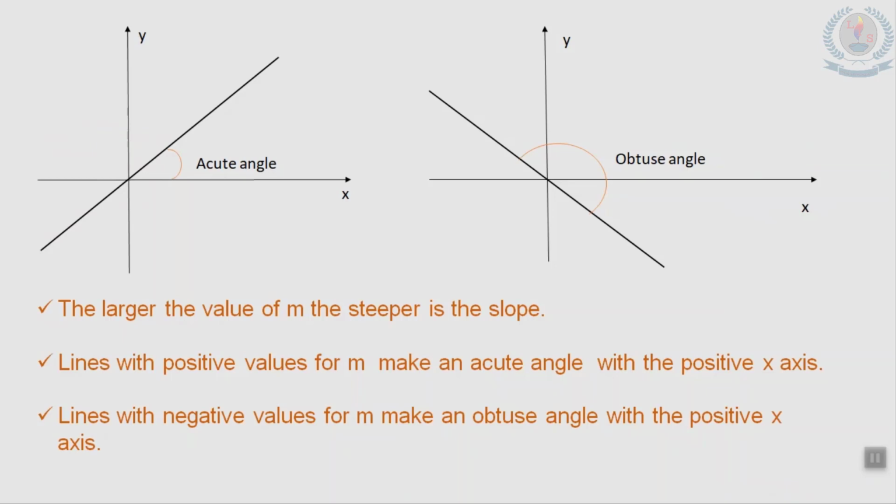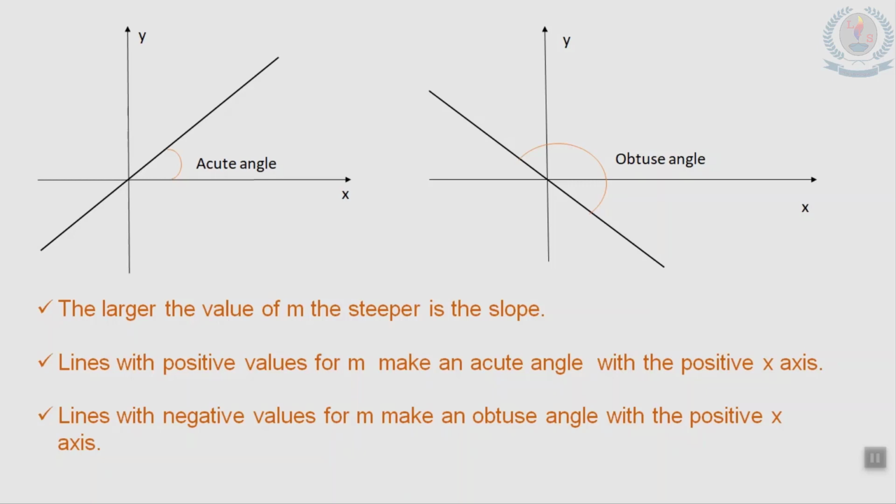You can see 2 graphs here. In the first graph, the line makes an acute angle with the positive x-axis. In the second graph, the line makes an obtuse angle with the positive x-axis. So, the larger the value of m, the steeper the slope.